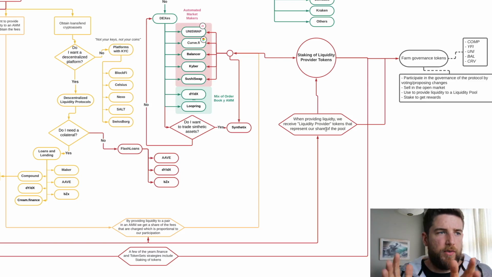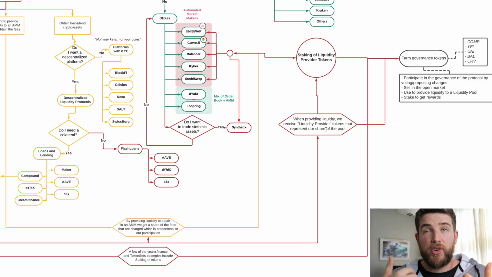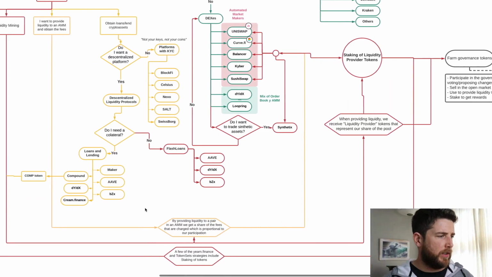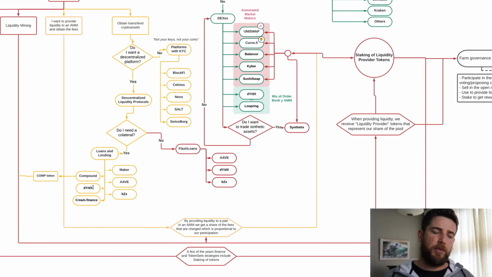So there are different ways of doing liquidity mining, and some protocols have different ways of interacting and rewarding the community. For example, Compound distributes tokens on a certain basis to the users that use the protocol, right?